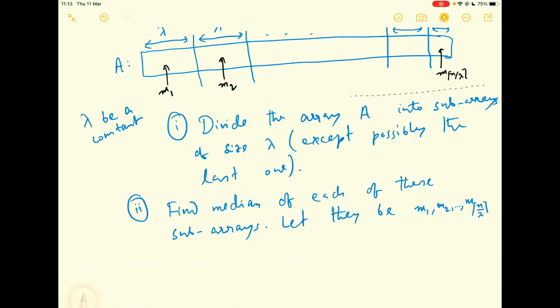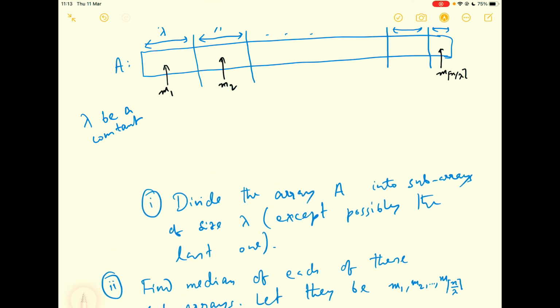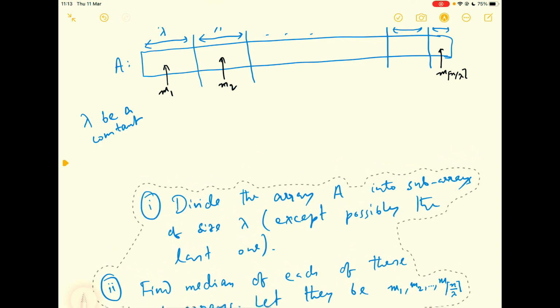So I am writing an algorithm which is capable of computing the kth smallest integer, ith smallest integer.